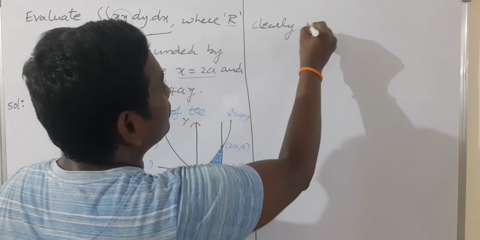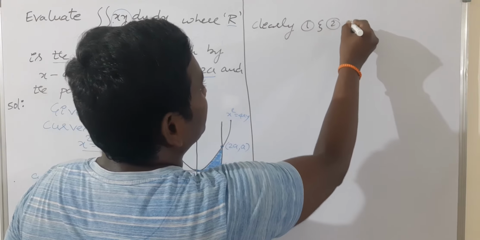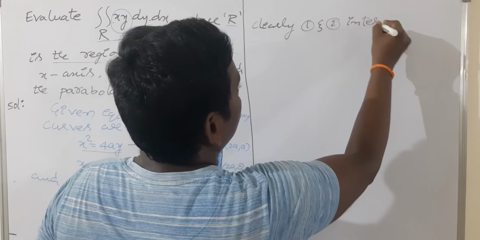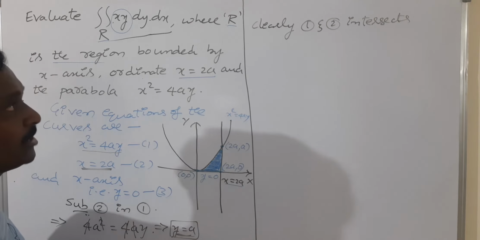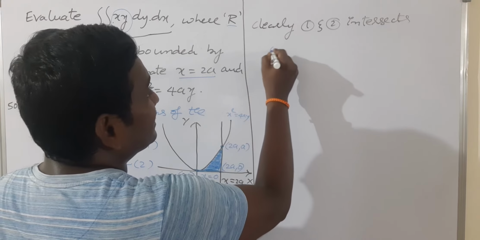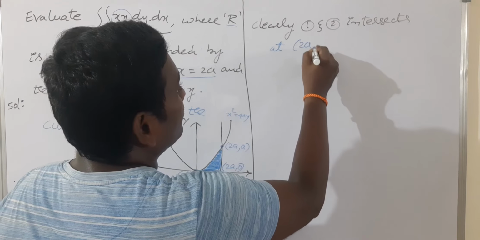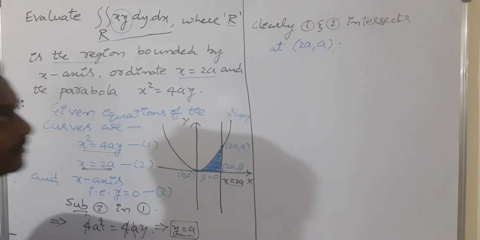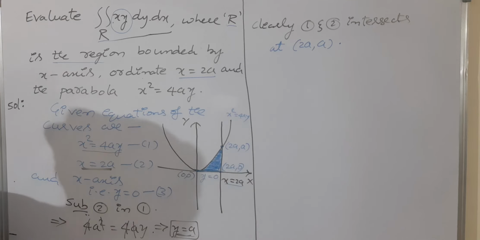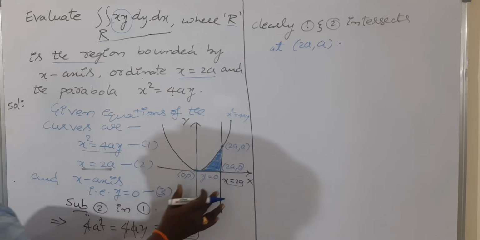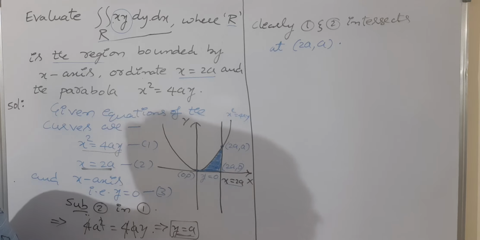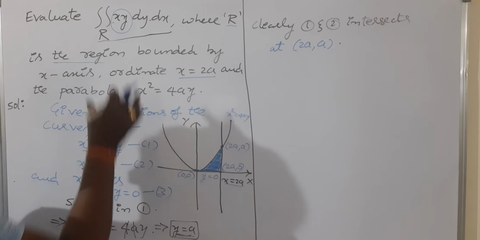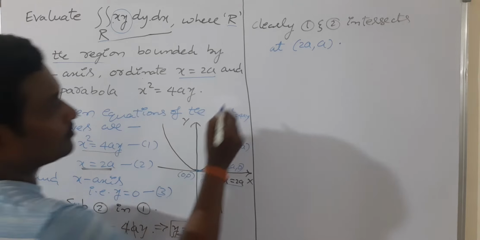So clearly 1 and 2 intersect at 2a comma a. So we got the intersecting points of our region. Now I am ready to write the limits of the integration.